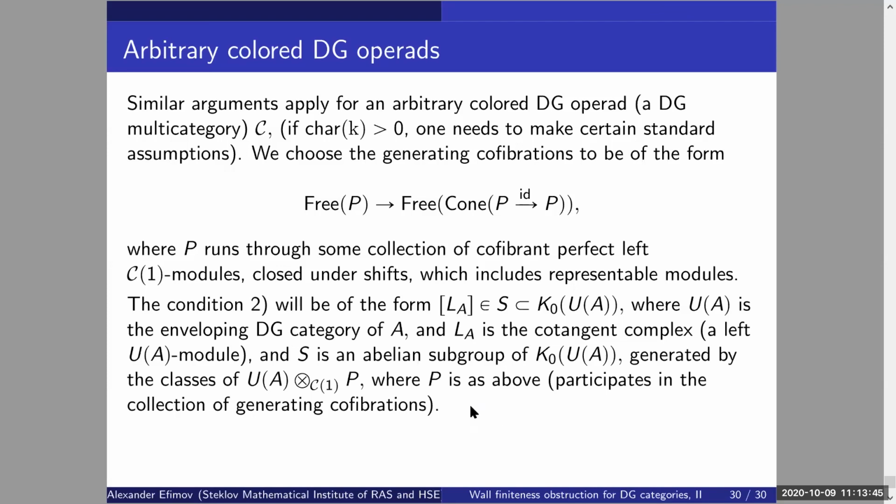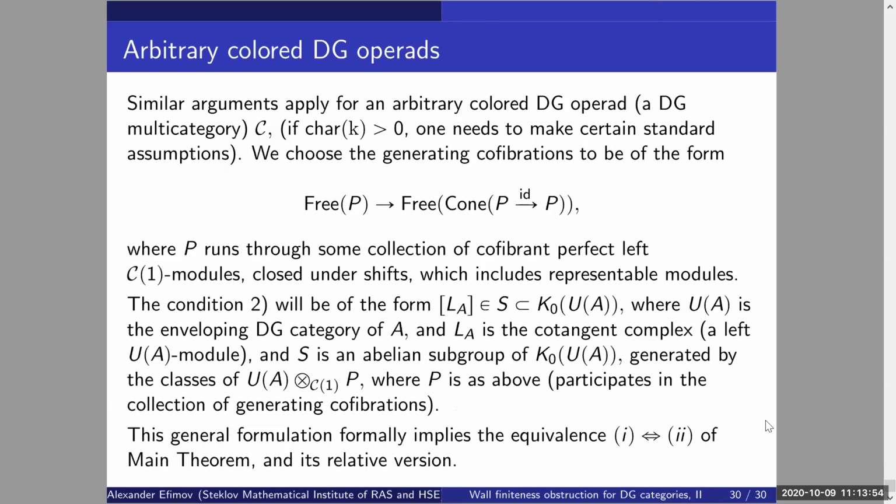And we have just the same result as for commutative algebras with this modification. And this general formulation formally implies the equivalence between 1 and 2 of the main theorem for DG categories, and also the relative version.